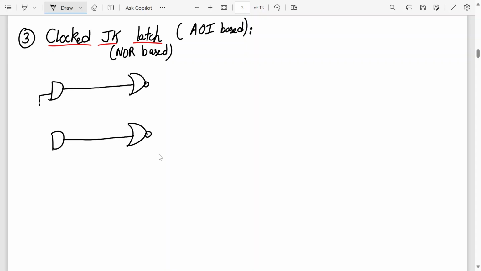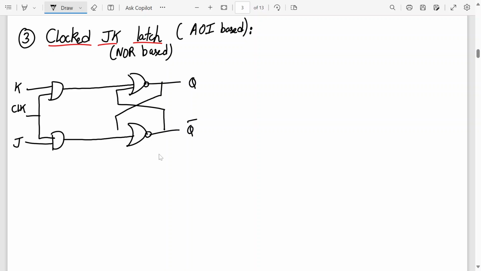Okay, here we have J and K and the clock. Anyone remembers how we connect it completely? This is J, this is, let's say, K, this is J, and here it is Q bar. Is this complete or do we still have something left?